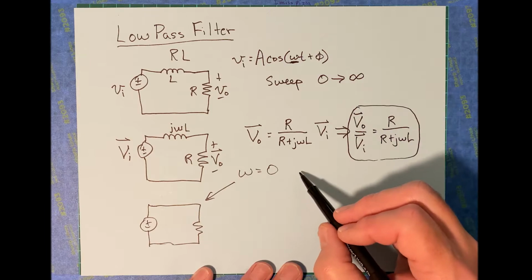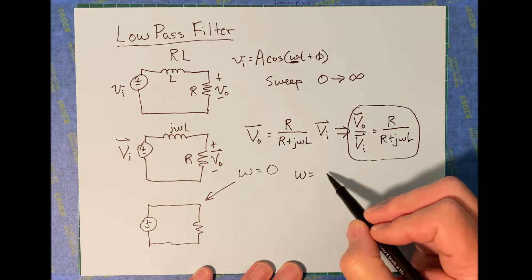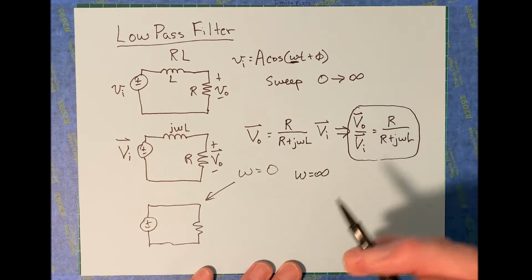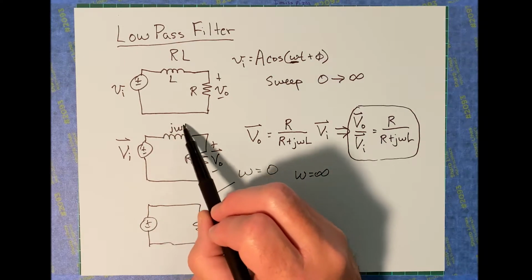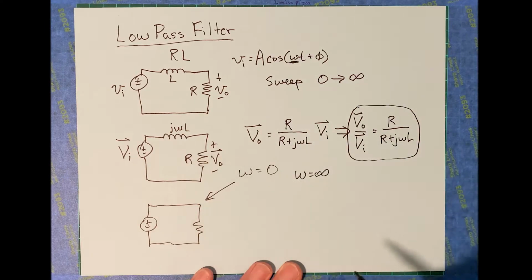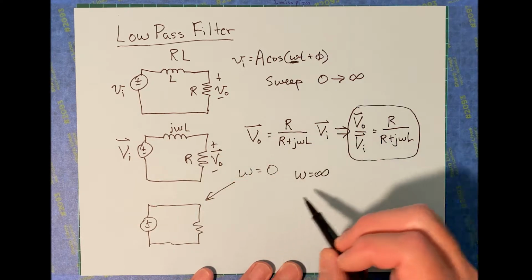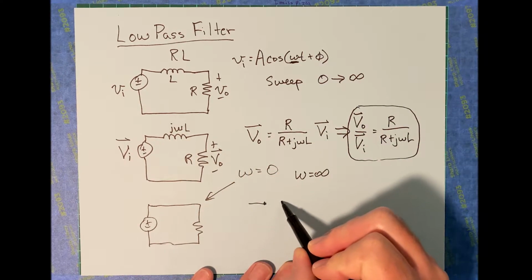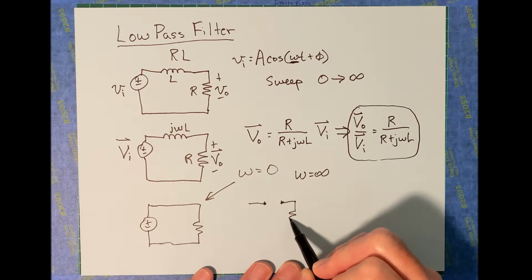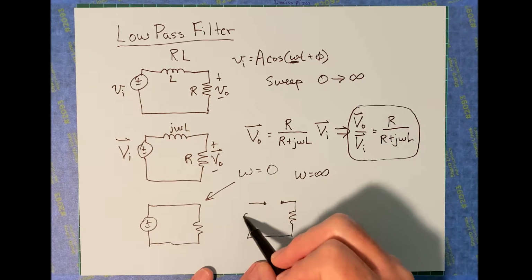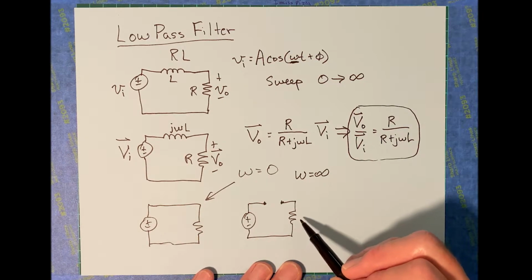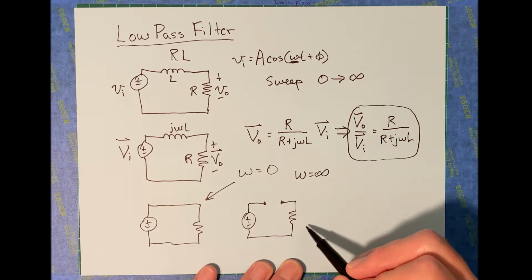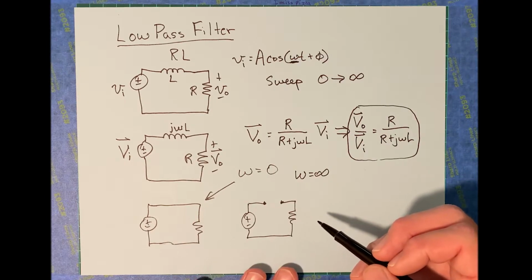Now, what about at the other end? What if you have omega equals a very, very high number? So let's just say omega equals infinity. Well, at omega equals infinity, the impedance of the inductor is infinite. So in that case, rather than being treated like a piece of wire, there's now a gap right there, and the output across the resistor is going to be nothing.